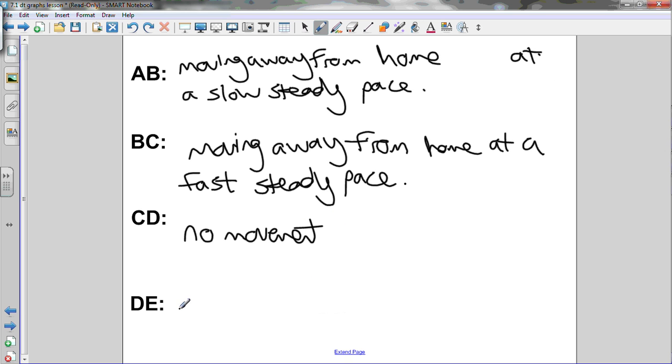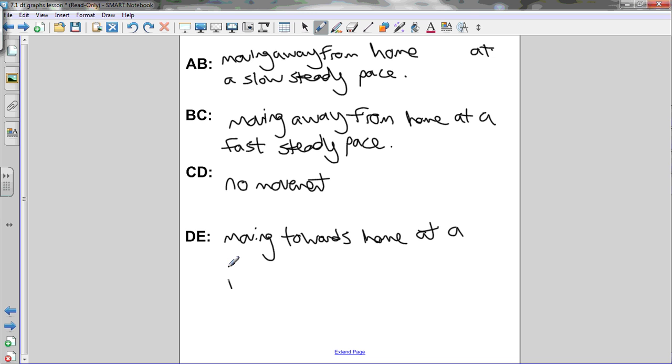So moving towards home at a fast, steady rate, or pace, or speed, whatever one of those synonyms you want to use there.